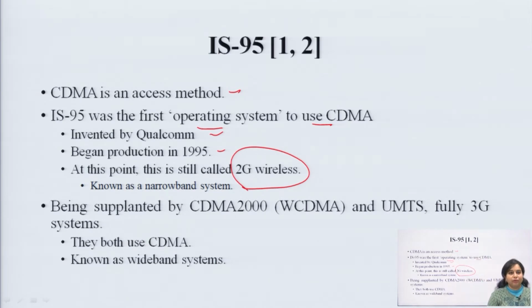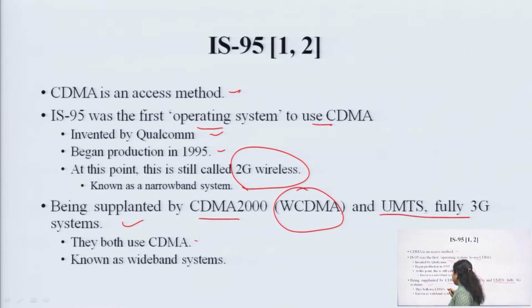Now, narrowband and wideband, there are 2 types of systems. In case of the narrowband system, this IS-95 belongs to CDMA. It is known as narrowband because the bandwidth used by this particular system is quite less. It is being supplanted by CDMA 2000, that is wideband CDMA, and UMTS, a fully 3G system.